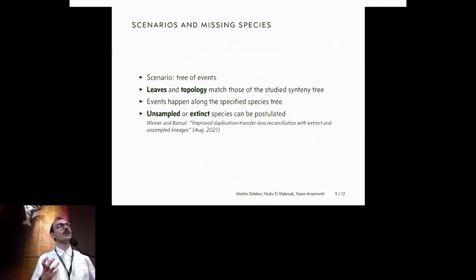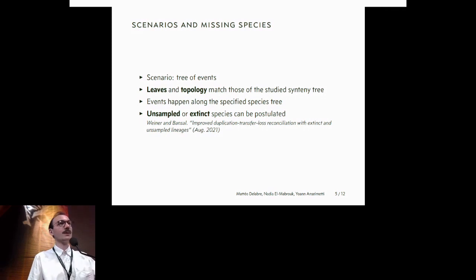And we're looking for specific kinds of scenarios which explain the initial phylogenies that we got as input. Specifically, we're looking for scenarios such that the leaves at the end are the same as the synteny leaves that we got at the start. And the topology has to match also. Otherwise, it's not really explaining what we had at the start.